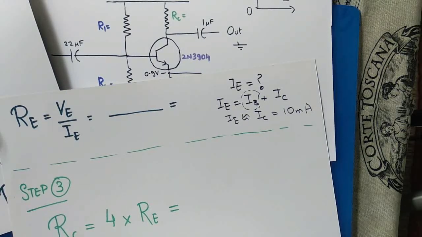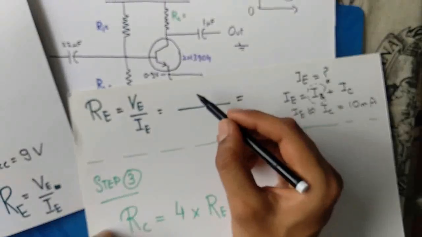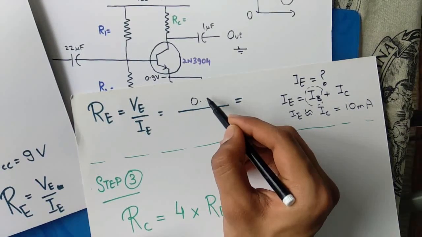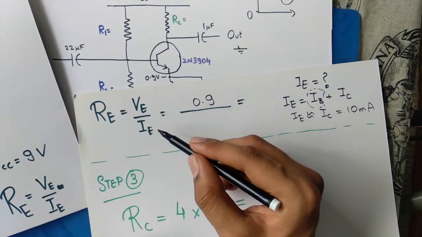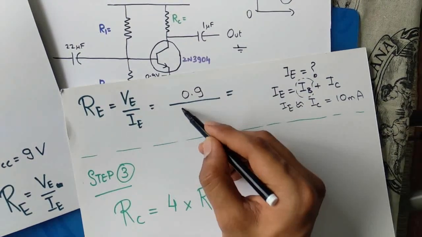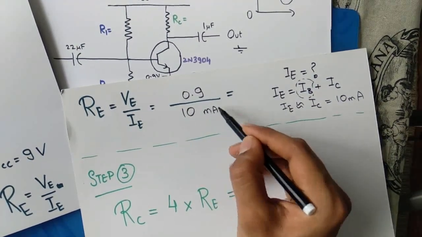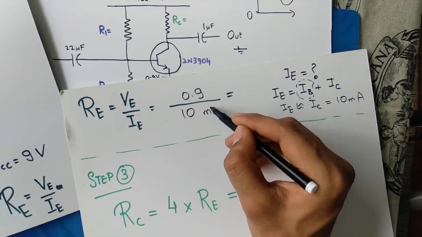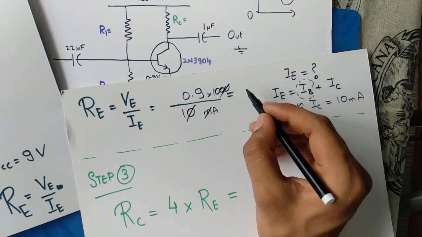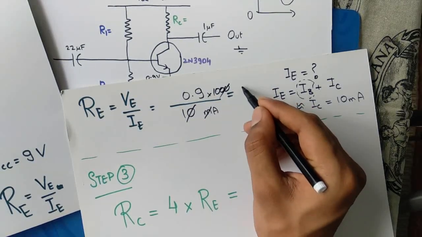So having said that, we know that the emitter voltage is 0.9 and the emitter current is 10 milliampere, which means we have 0.9 divided by 10 milliampere, and that gives us 90 ohms.